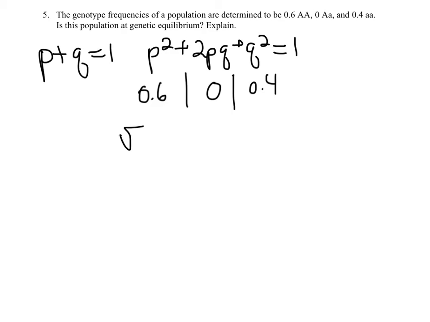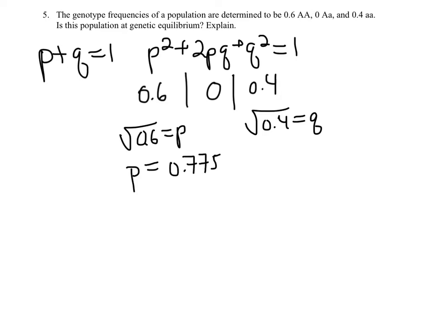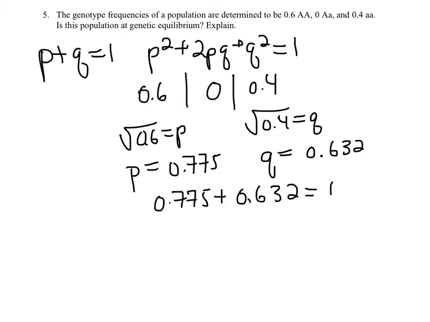So the square root of 0.6 equals p, and the square root of 0.4 equals q. So that means p equals 0.775 and q equals 0.632. So p plus q is supposed to equal 1. And if you look at that, obviously it's going to be greater than 1.